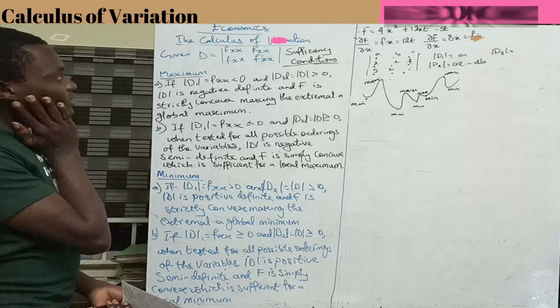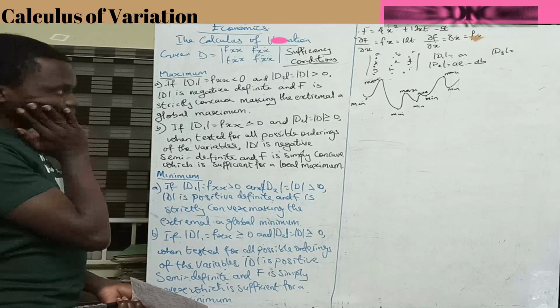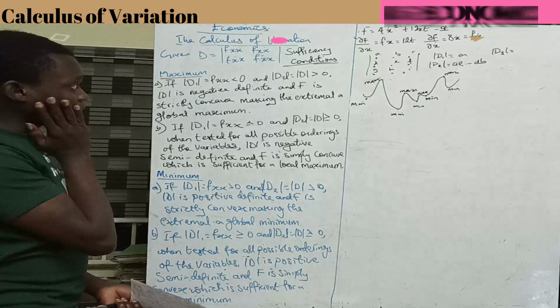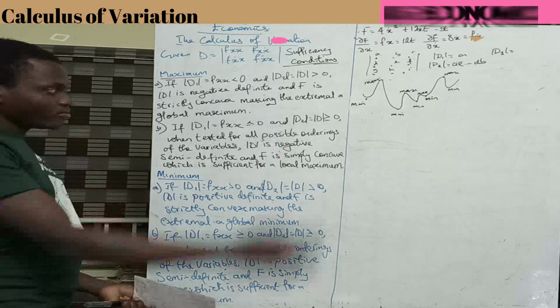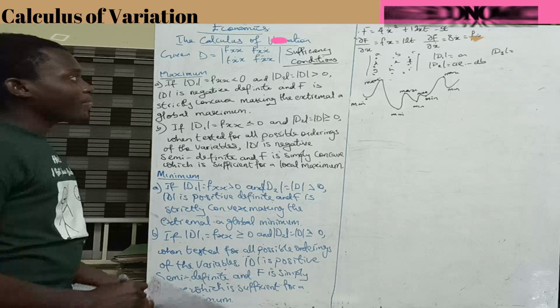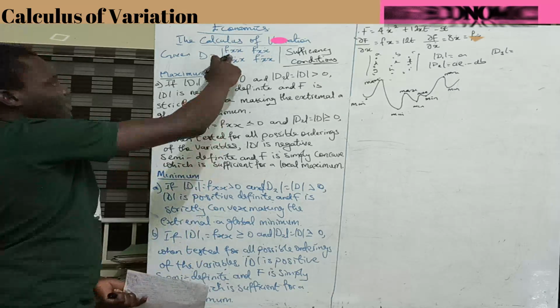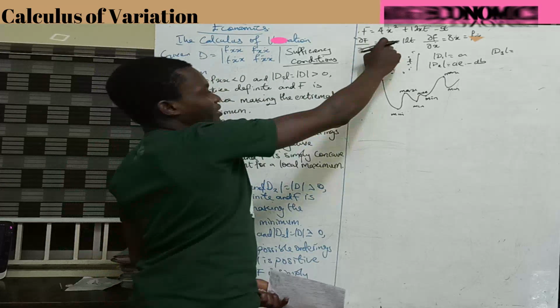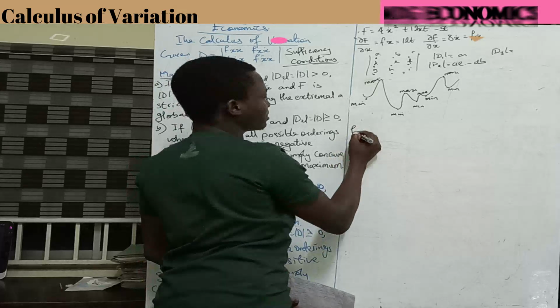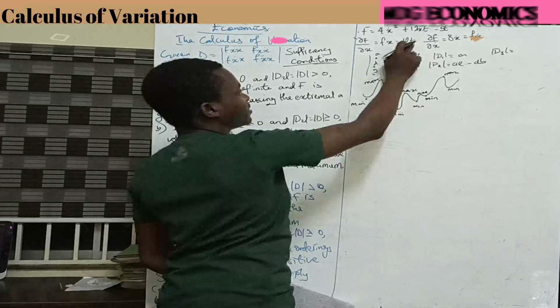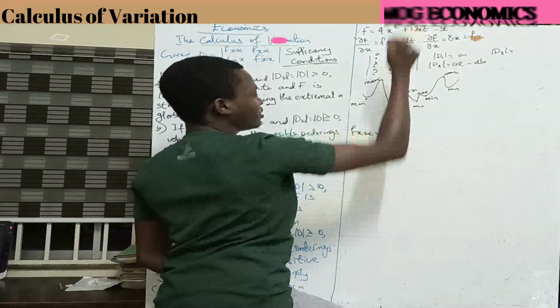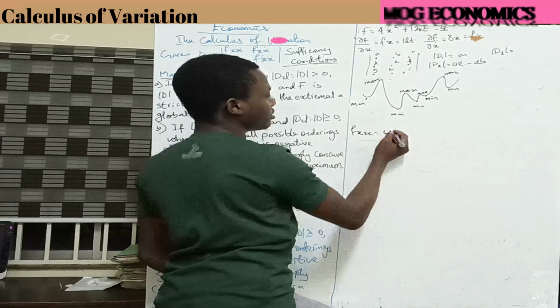So here we want Fxx. Fx is 12t, so for Fxx we are differentiating 12t with respect to x. There's no x there, so this one becomes 0.